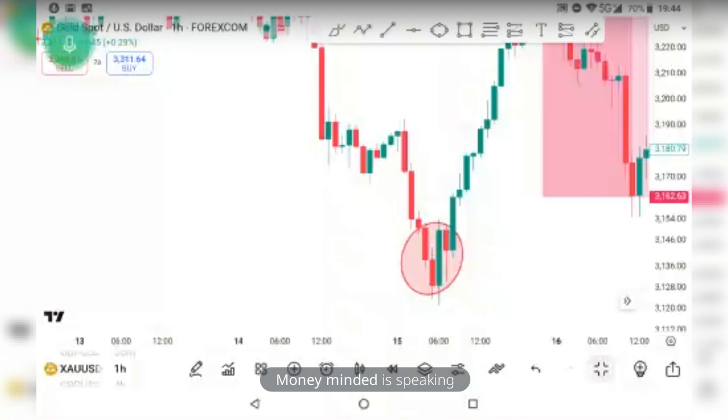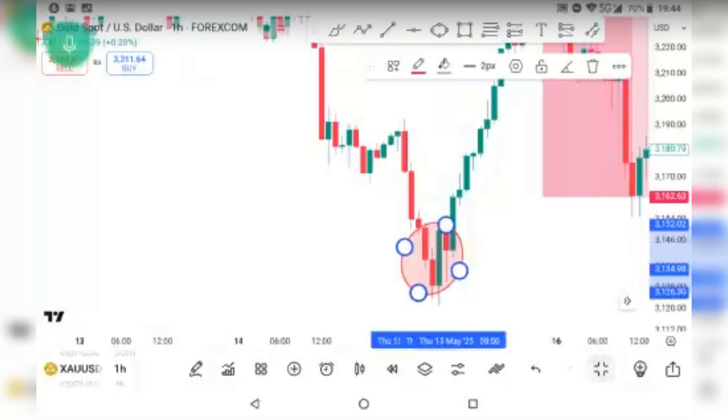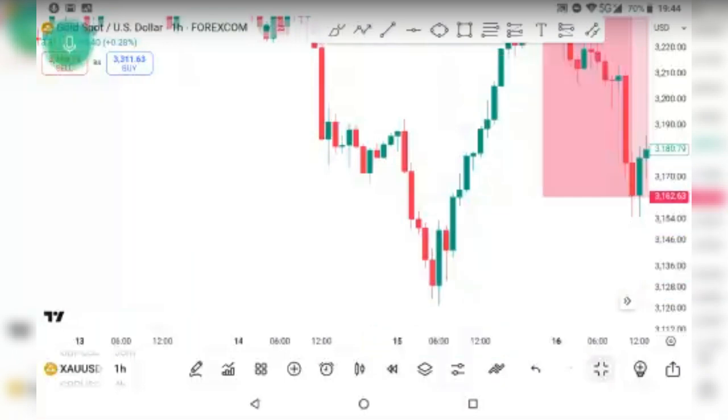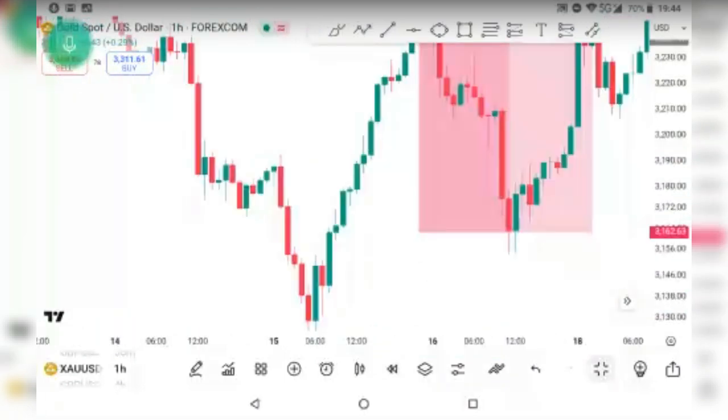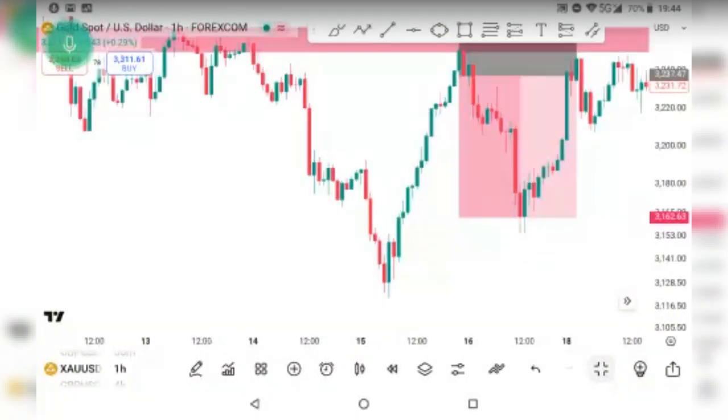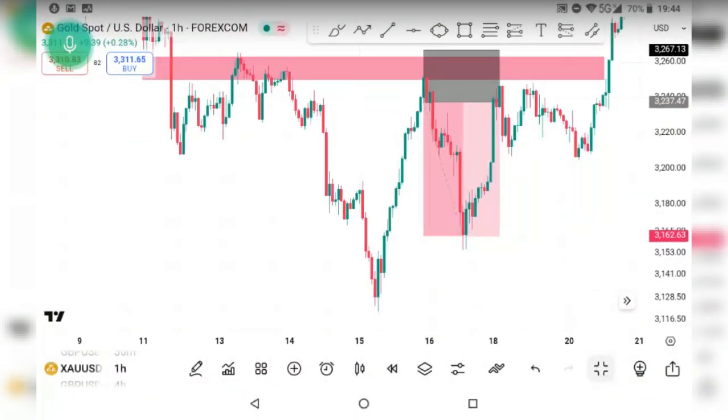So now we'll be going into another confirmation pattern, and I call these confirmation patterns the morning star and the evening star. Though there are different confirmation patterns, if you're interested in knowing more about that, you have to register for our VIP mentorship.